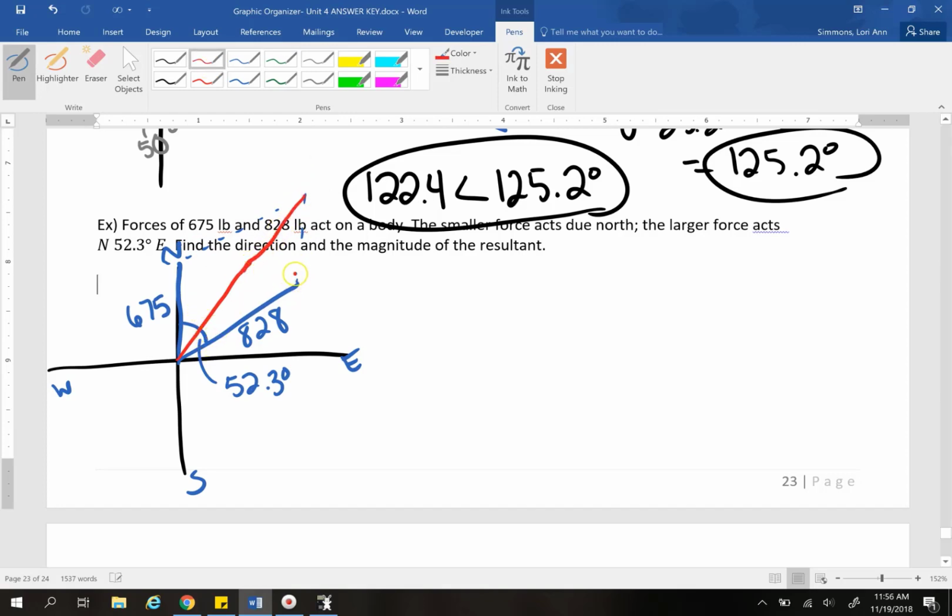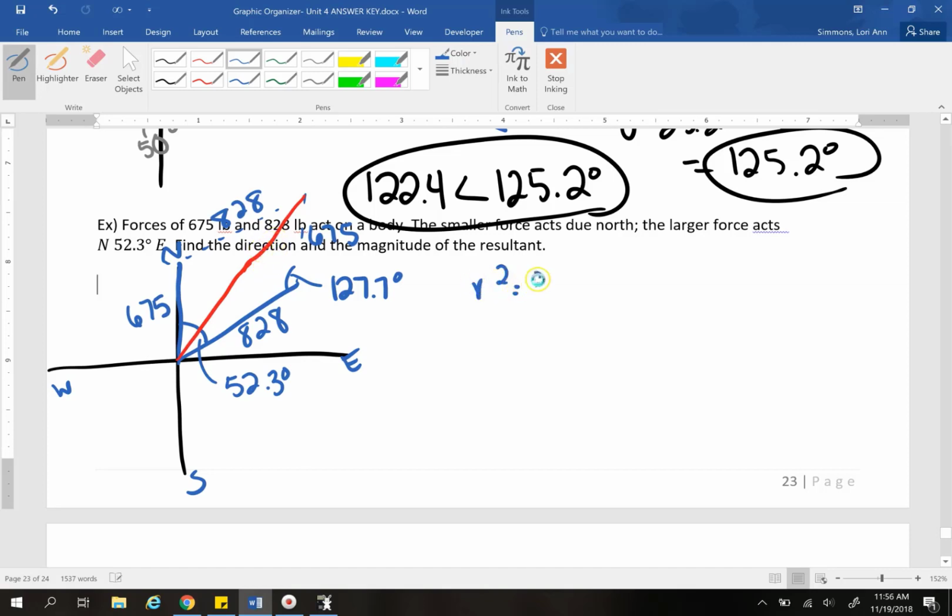So if this is 52.3, this angle is just 180 minus the 52.3, so 127.7 degrees. This is 675 over here. This is 828. So we want to find the r.